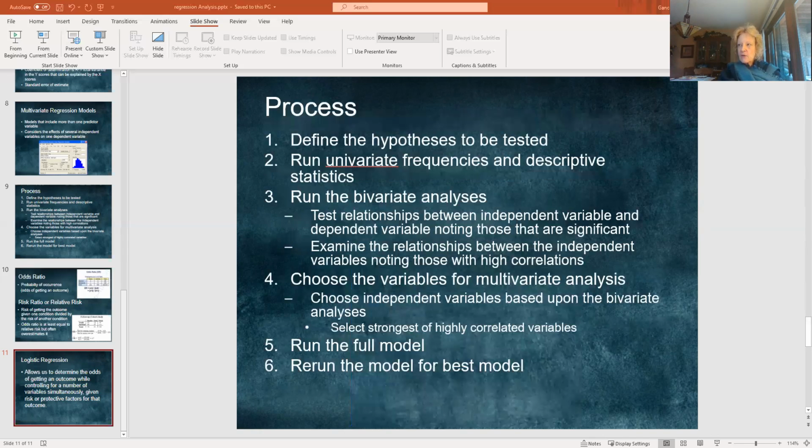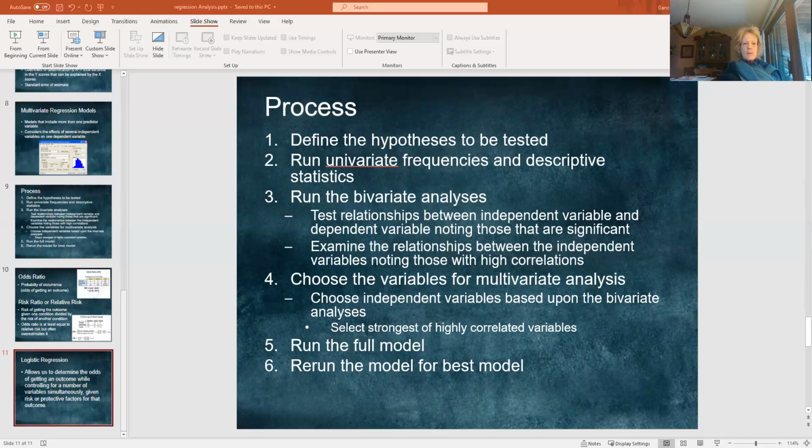The process for multiple regression is to define the hypotheses to be tested, run the univariate frequencies and descriptive statistics, run the bivariate analyses, testing the relationships between the independent variable and the dependent variable, noting those that are significant, and examining the relationships between the independent variables, noting those with high correlations.